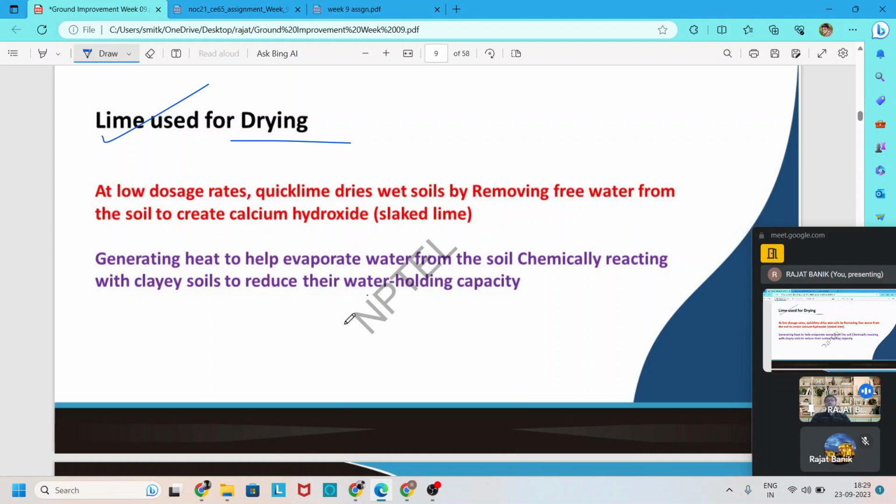By chemical reaction, lime reduces the water, and during the chemical reaction some amount of heat is generated, which also helps to evaporate water from the soil, and the wet soil becomes workable for our construction.